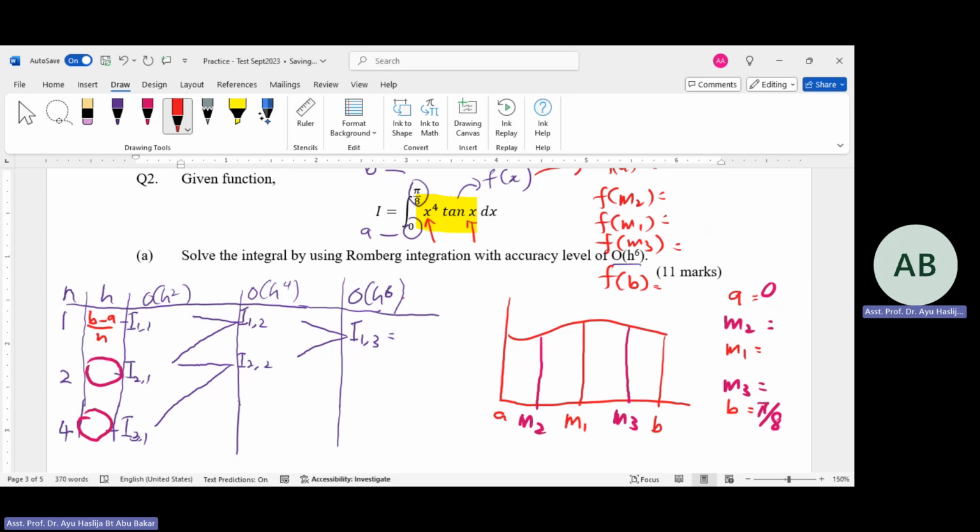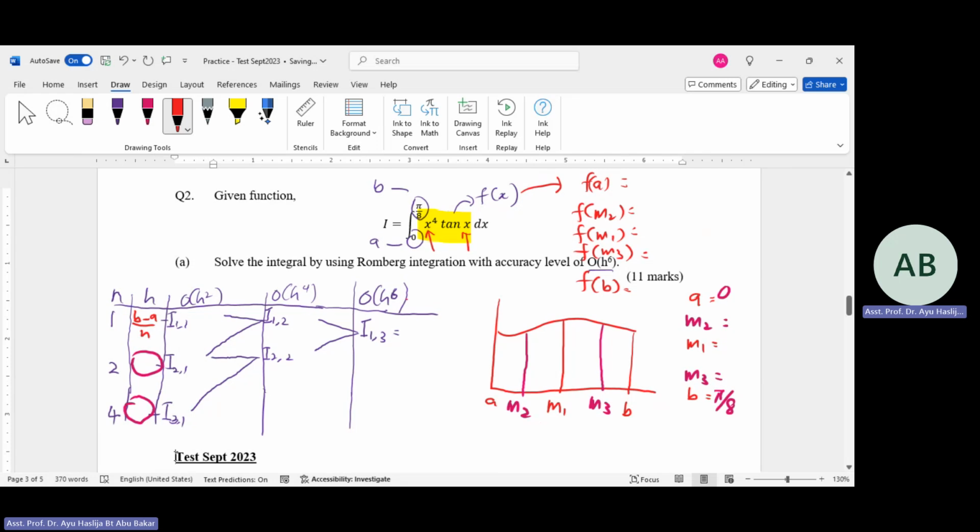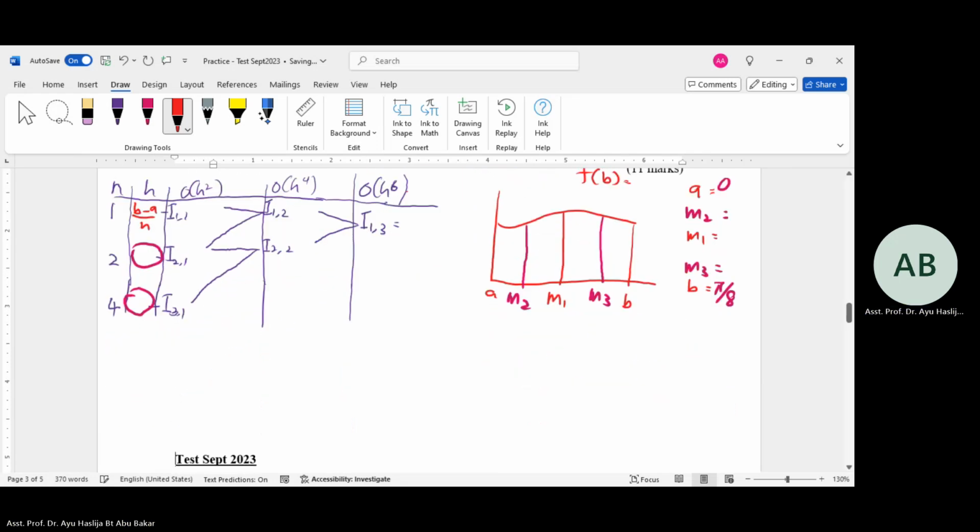Then after that, for the first segment, then only do you find level 2 using trapezoid. I11 should be the single application because you have only one segment. I21 and I31 should be multiple application.